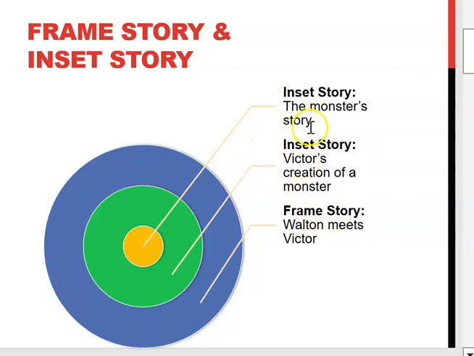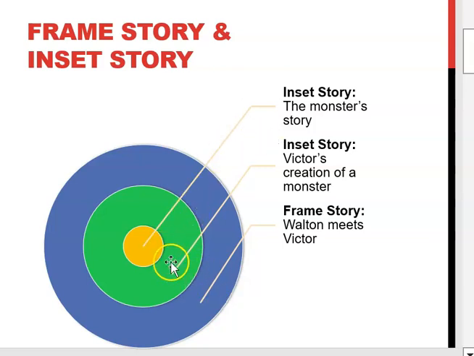We also will get in Volume 2 of Shelley's narrative the monster or creature's side of the story and what it went through from its early creation all the way up to the point where it meets Victor again and confronts him.